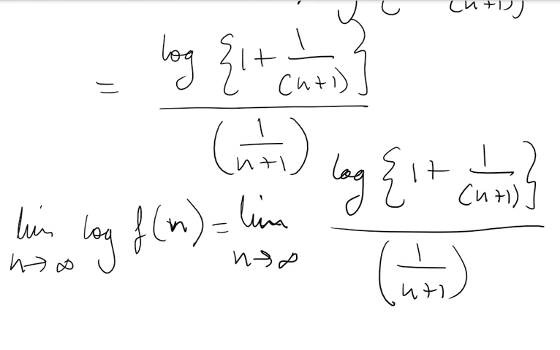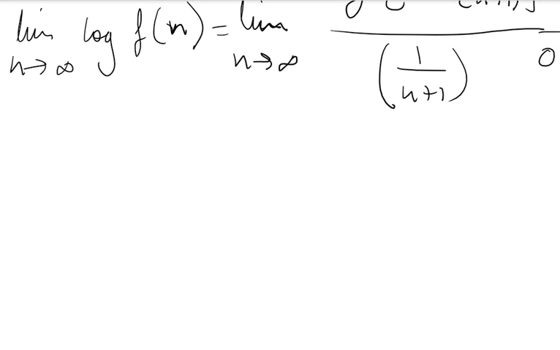So you notice that the top part and the down part both are coming 0 by 0, right? So that is an indeterminate form, correct? So what do we do in the indeterminate form?